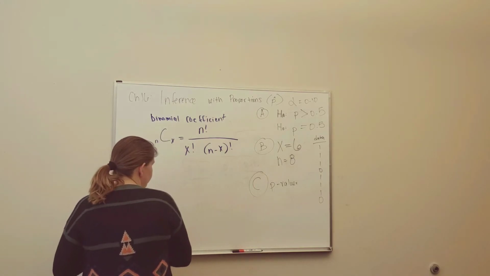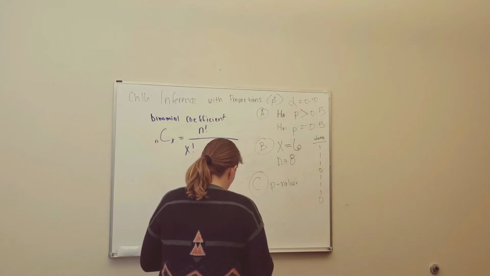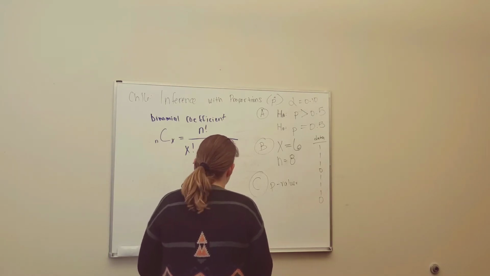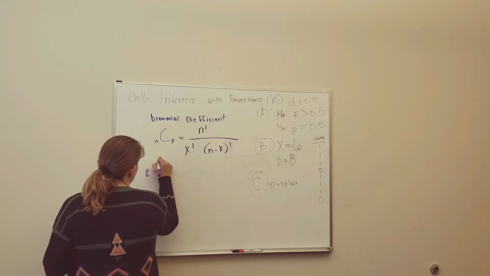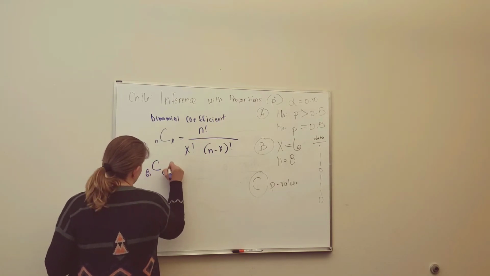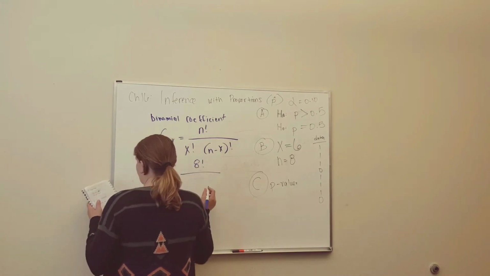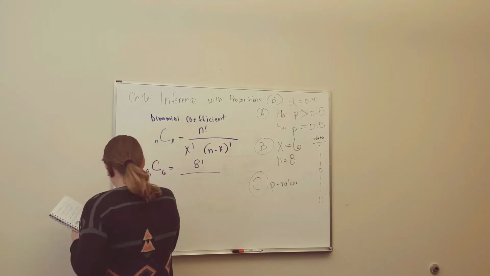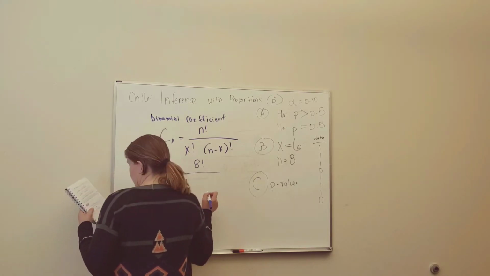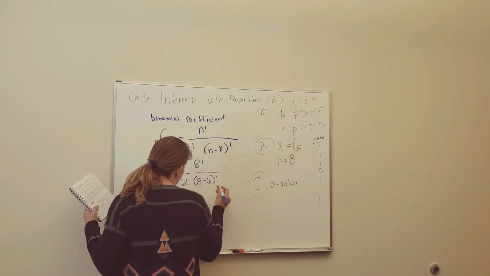So for our example, we have an n equal to 8 and an x equal to 6. So we would have 8 factorial divided by 6 factorial times (8 minus 6) factorial.